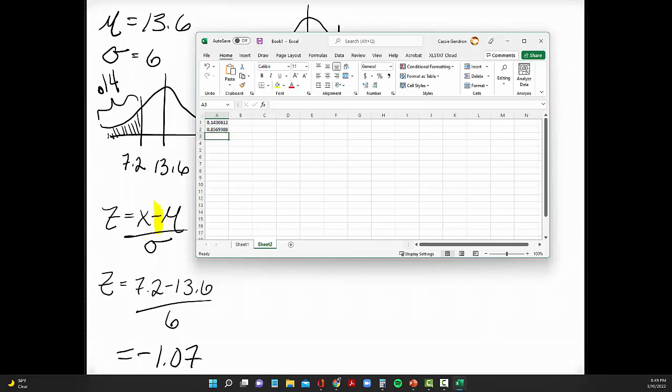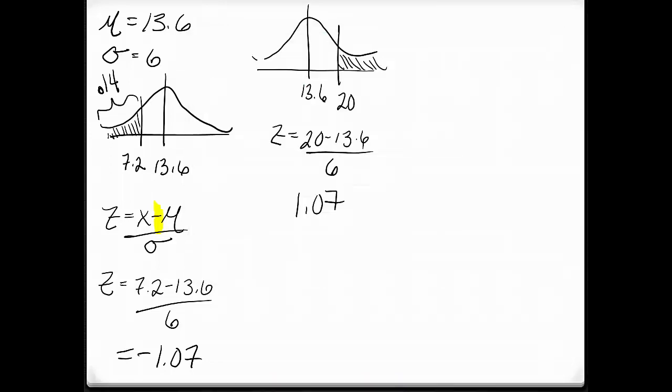I need to go equals 1 minus this, and that gives me a 14% chance on this side as well. Because these are symmetric, I know that because the z-scores were the same, just on opposite sides of the mean.